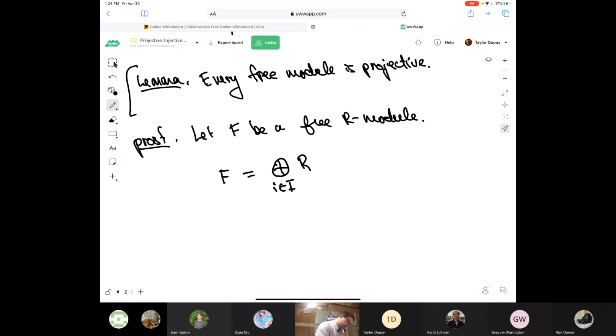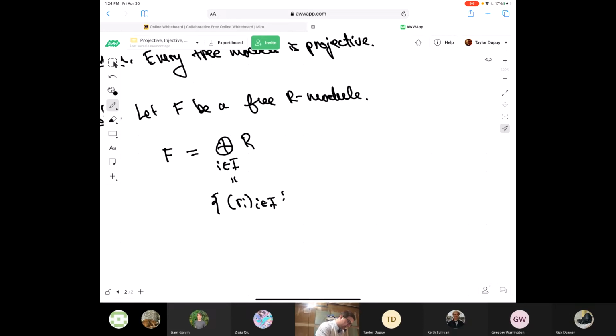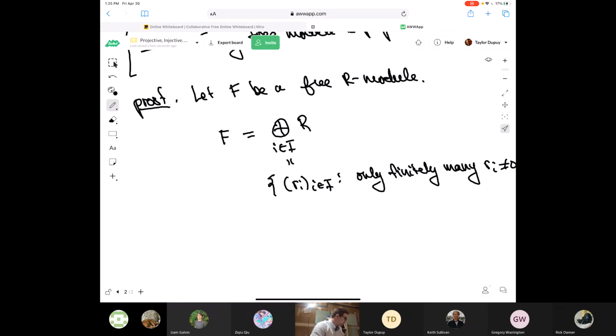This is a collection of R_i's for i in I, but only finitely many R_i's are non-zero. That's the difference between the direct sum and the direct product. So let this be a free R module.